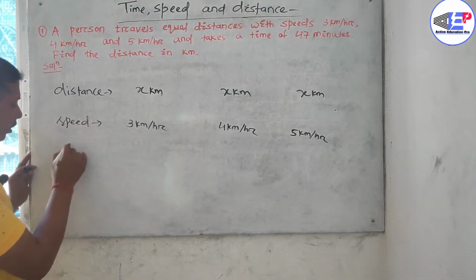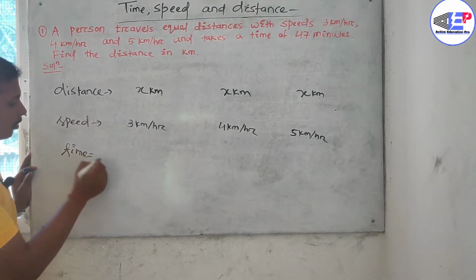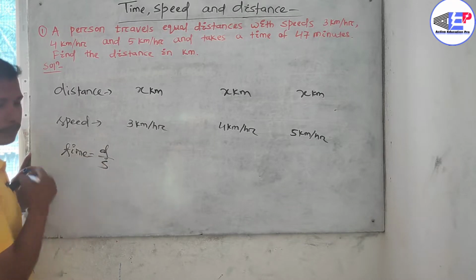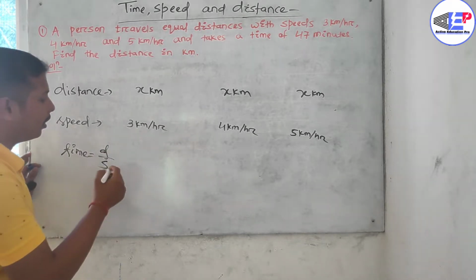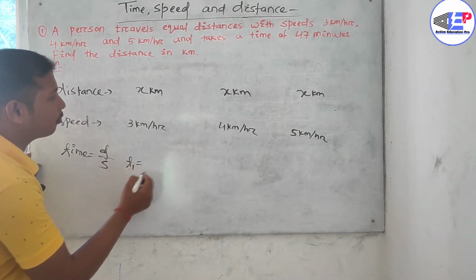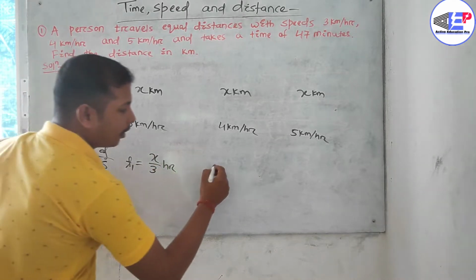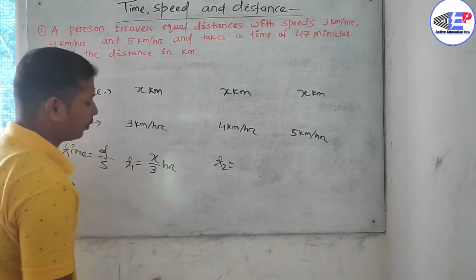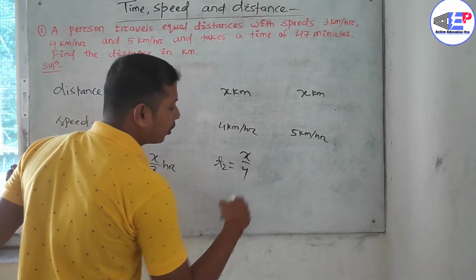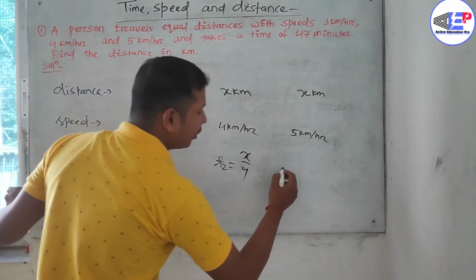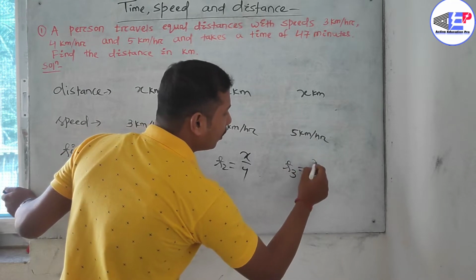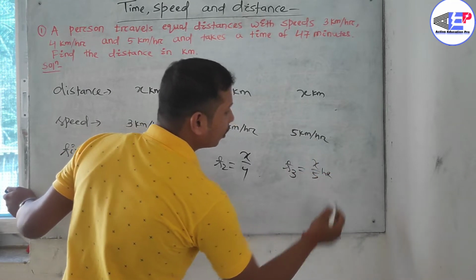We know that time is distance by speed. So for first part time t1 will be equal to x by 3 hour. For second part time t2 will be x by 4 hour, and for third part time t3 will be equal to x by 5 hour.